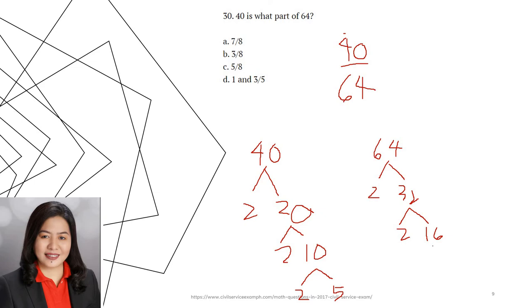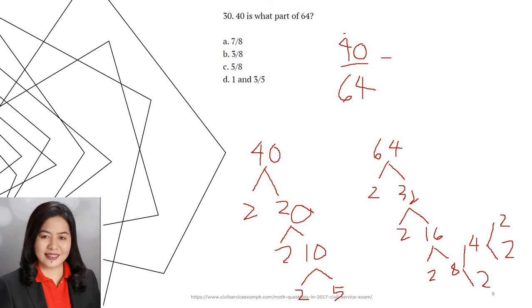If you know the factors, you can actually do it directly and write it there. 8 can still be factored as 4 and 2, while 4 can still be factored as 2 and 2. So how many 2's are there? 1, 2, 3, 4, 5, 6.